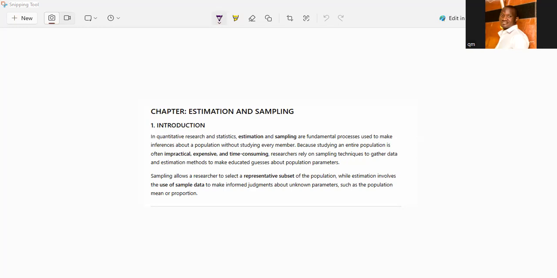So what is an estimate? What is a sample? We'll learn how sampling allows the researcher to select a subset of a population, while estimation will use that sample data to make informed judgments about a population parameter.